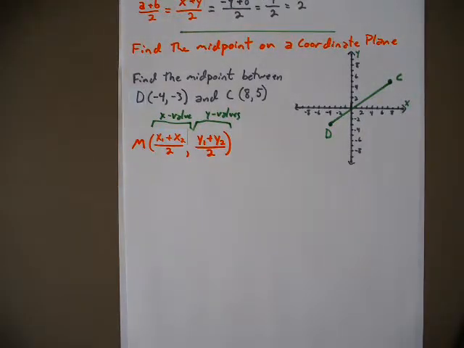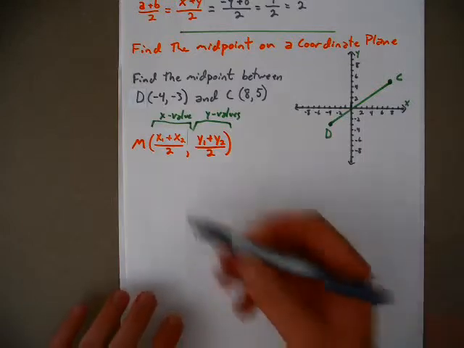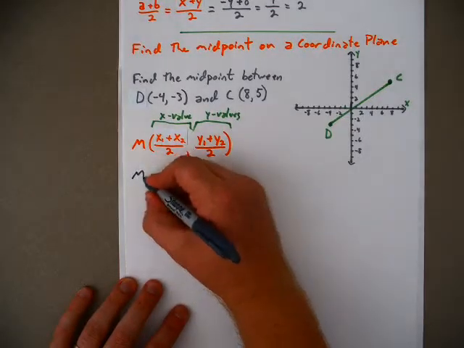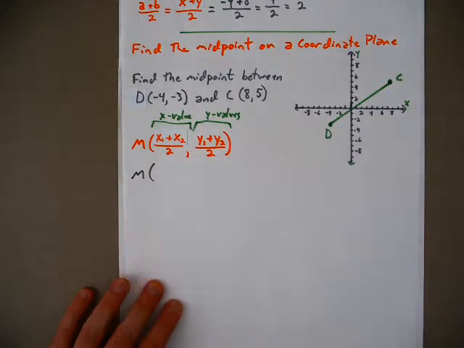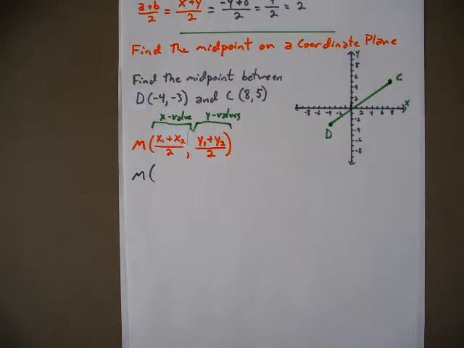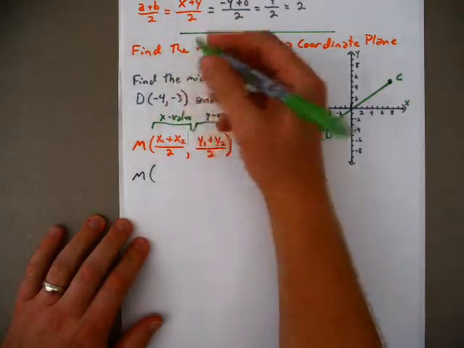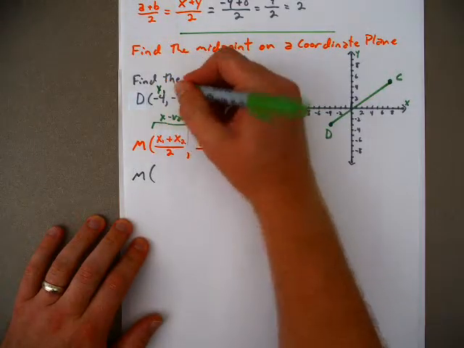We're going to find our x coordinate first. So of course we need to decide what are our x1, y1, x2, and y2. This is our first point, so we'll call this x1.